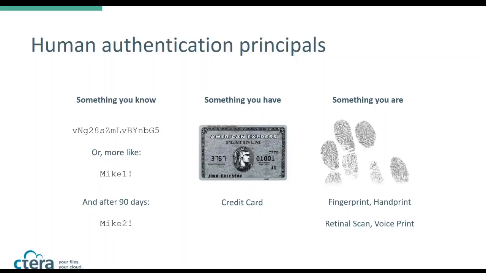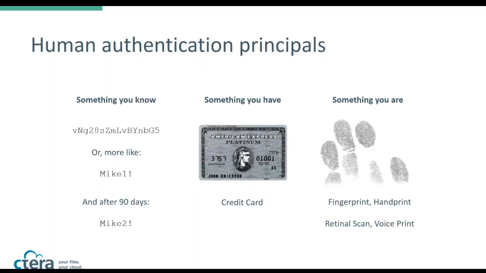I basically categorized all of the measures that we saw in the previous instances onto these three groups. Now, each one of them represents a factor of authentication. So individually, something you know is a single factor of authentication, something you have as well, and something you are.